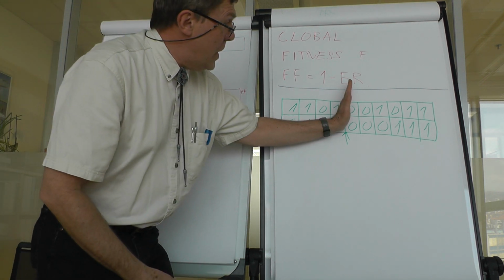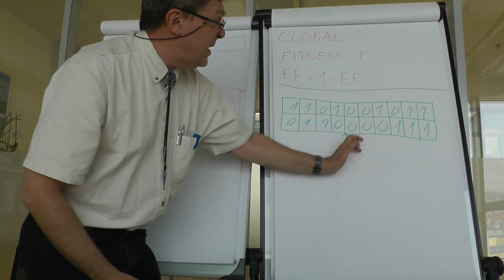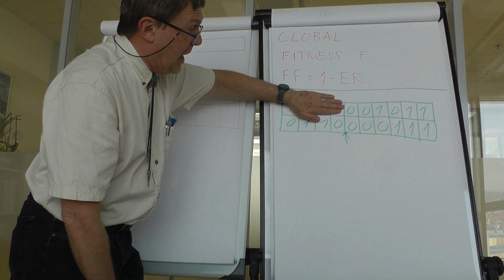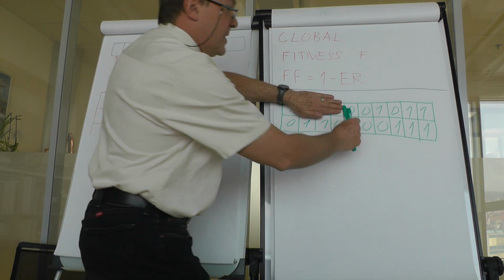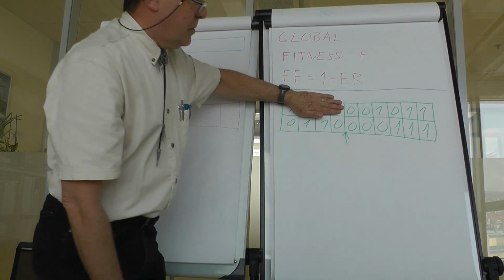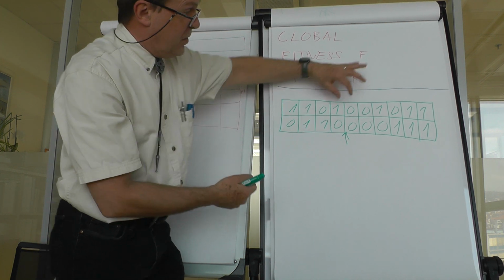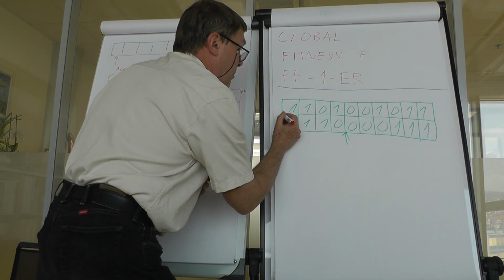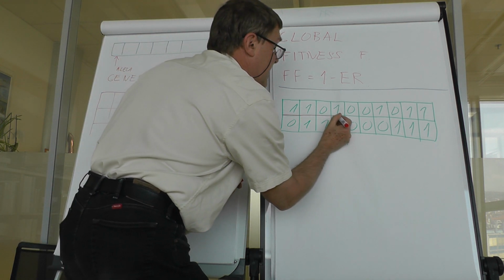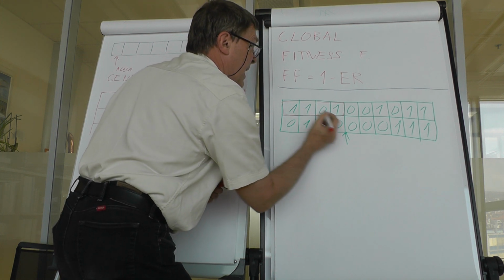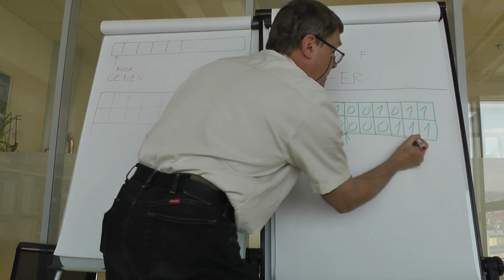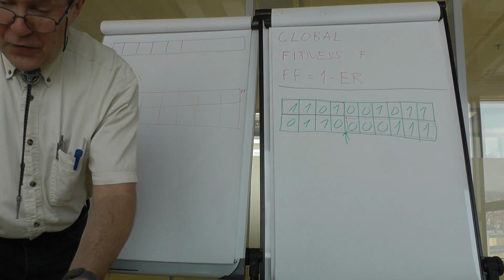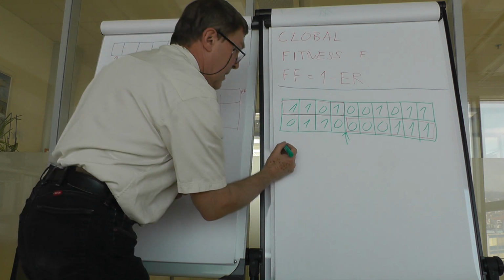Now you make a cut of both chromosomes, and you connect the first part of the first chromosome with the second part of the second chromosome, and the first part of the second chromosome with the second part of the first. So, for example, what you form now is this and this. Let us write the offspring in a detailed way.